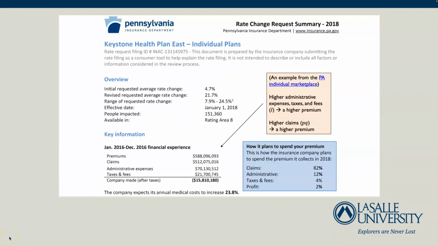Now, to provide a practical example of what a health insurance premium looks like and how it's broken down, data has been collected from the Pennsylvania individual marketplaces and specifically focusing on Keystone Healthcare East over recent years. This is one of the larger insurance plans in the ACA marketplace in Philadelphia.